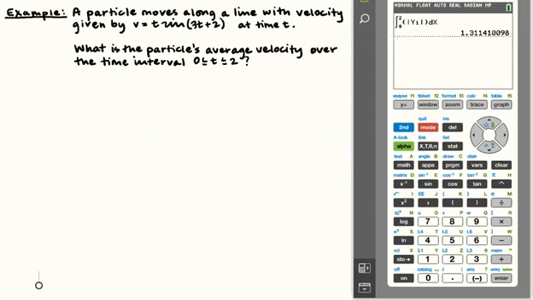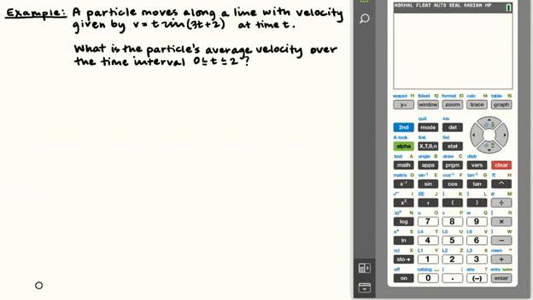Next, it's asking what is the particle's average velocity over the time interval 0 to 2. Well, if we had the position function, we would take the average rate of change of position. They gave me velocity, so if I'm looking for the average velocity, I'm going to take the average value of velocity, like we learned a couple times ago.